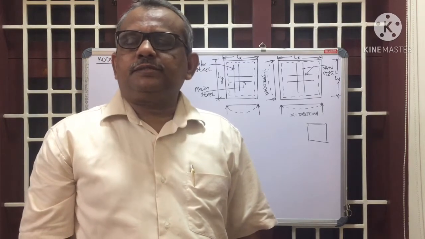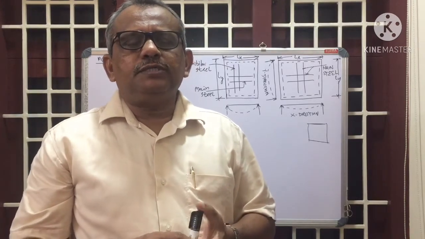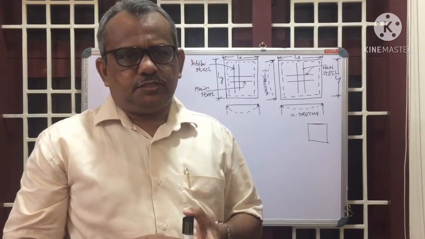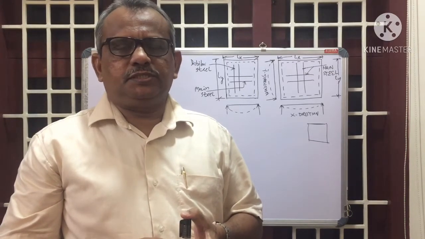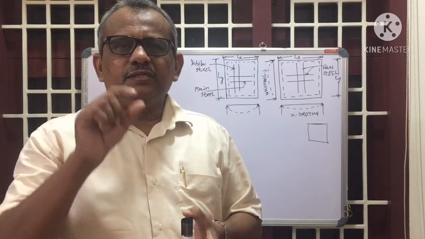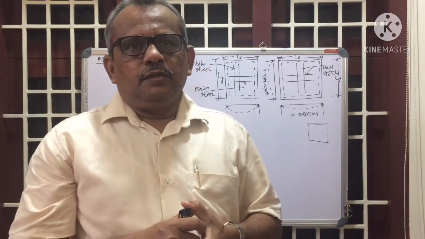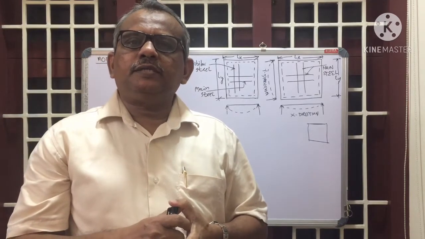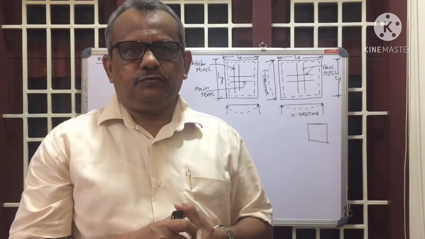And another difference, in slabs usually there is no need of designing shear reinforcement. Right? The shear reinforcement is not necessary because of the less thickness of the slab. But here we design the main reinforcement and the distribution reinforcement.